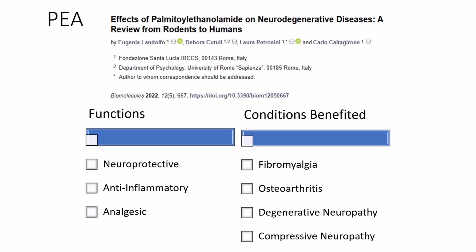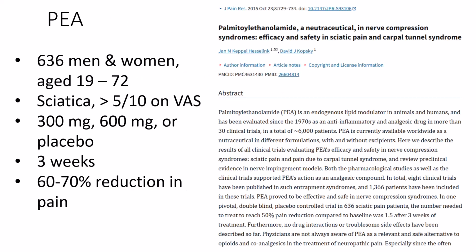The areas of benefit were many pain conditions, including fibromyalgia, osteoarthritis, which is pain caused by wear and tear or degeneration of joints, degenerative neuropathies such as diabetic neuropathy, multiple sclerosis, and compressive neuropathies such as sciatica and carpal tunnel syndrome.